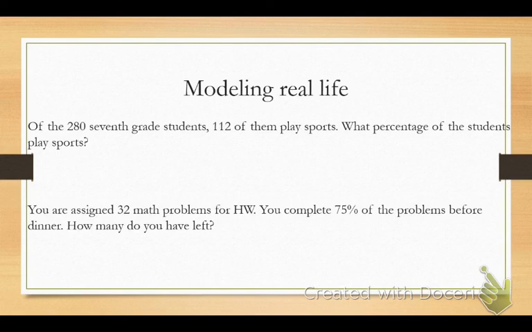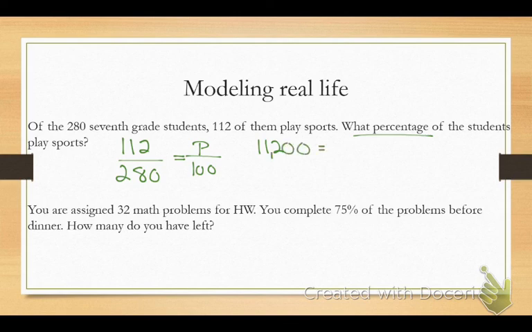Okay, so again, either one is fine. Again, I told you at the beginning, when I'm solving for P, I prefer proportion. If you did percentage or the equation, that's fine. 112 over 280. 280 is my whole, 112 is my part, equals P over 100. So then I get 11,200 equals 280P.